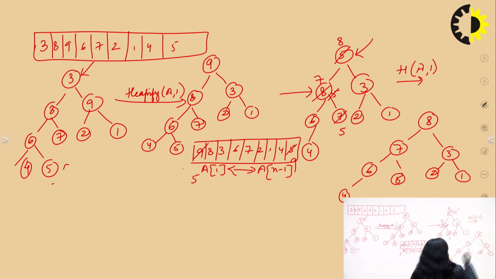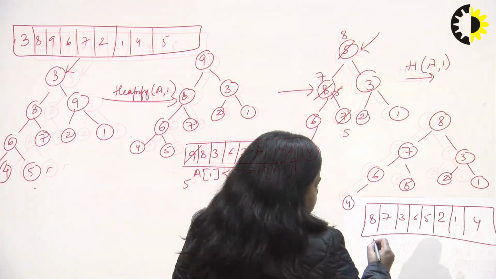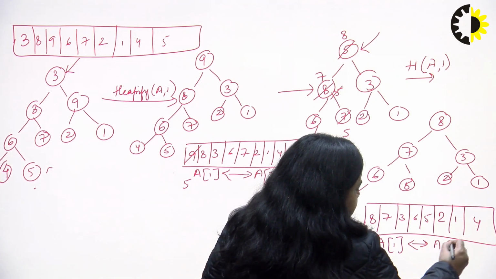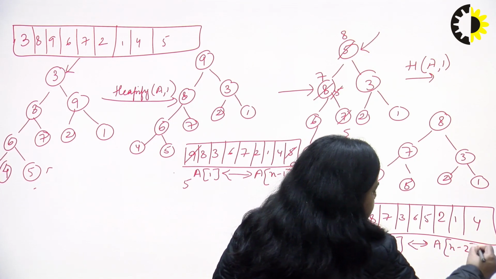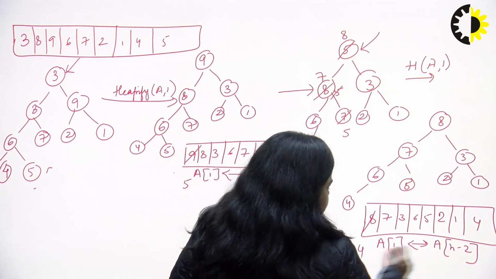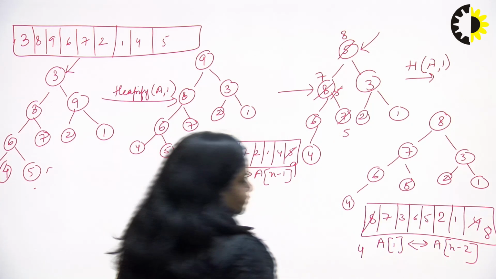Now we have to generate an array again. That becomes 8, 7, 3, 6, 5, 2, 1 and 4. Swap A1 with AN minus 2, right? When we do the swapping, this becomes 4, this becomes 8.